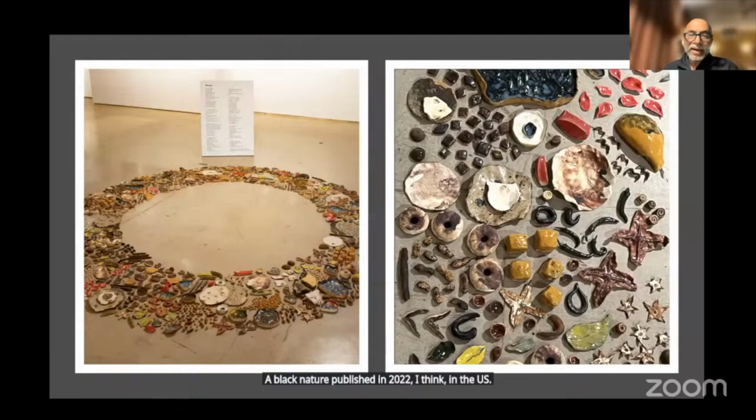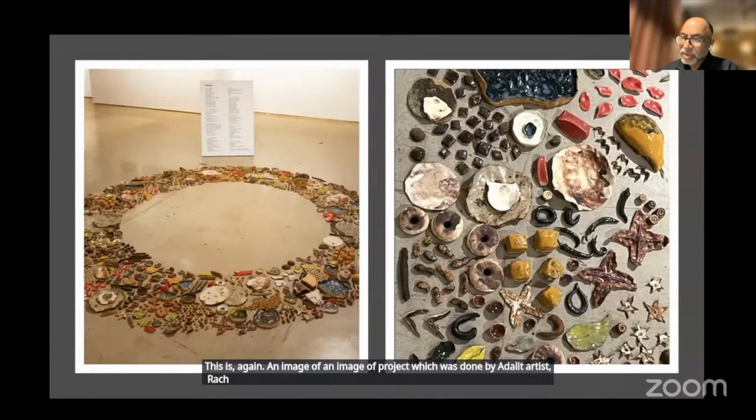This is, again, an image of a project done by a Dalit artist, Rajshri Gudi, who comes from a family of poets. And a lot of her work is to do with her relationship with food.